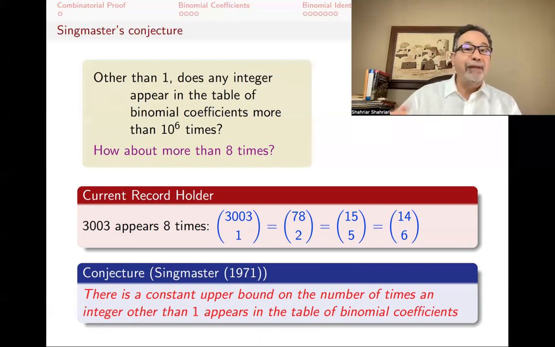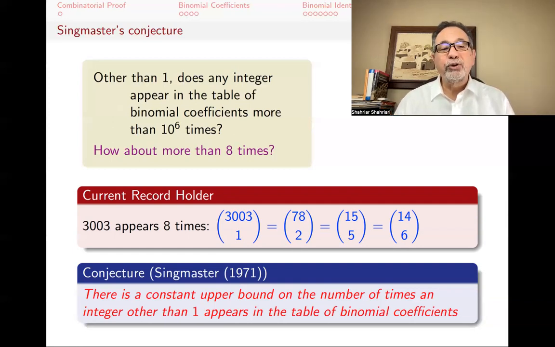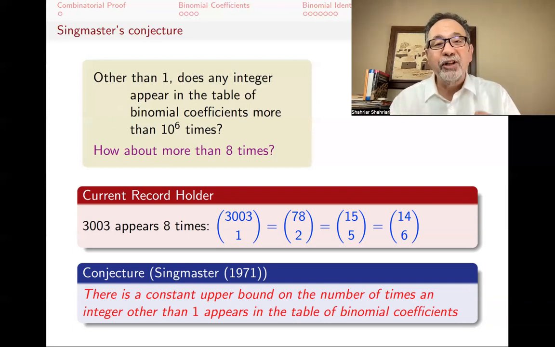In other words, there's a number, maybe it's 8, maybe it's 1,000,000, who knows? We don't know what that number is, but there is some fixed constant that binomial coefficients cannot exceed.